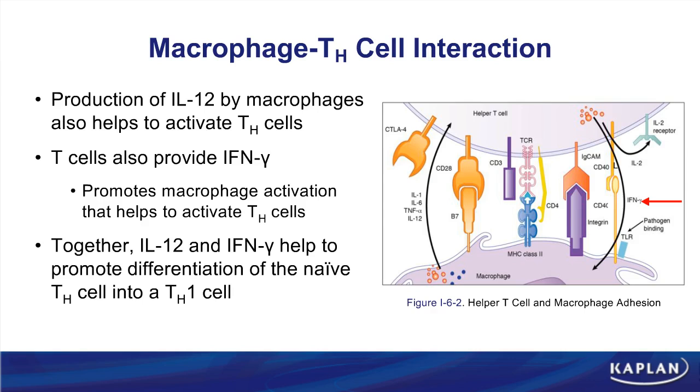Now, remember when I started this, I always said, when I hear I have an intracellular infection, I know I'm going to clear it by cell-mediated immunity. I also said that every time I hear cell-mediated immunity, I think that I'm having a Th1 response. Again, all of those go hand in hand.